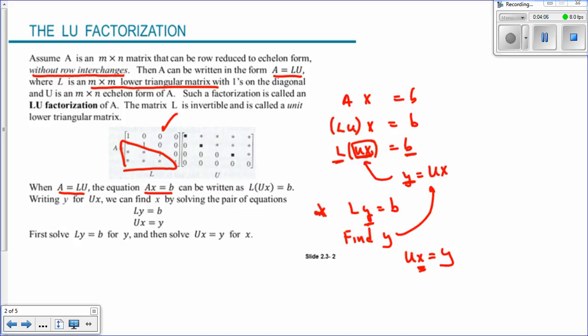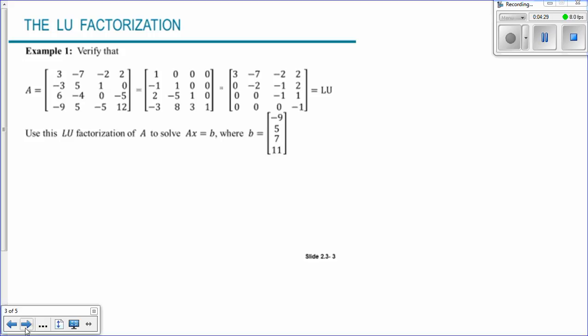Find the LU factorization, then let y be Ux, solve Ly = b for y, and then come back and figure out what the x is, just using the matrix U. And again, U is an upper triangular matrix, so the only non-zero entries are up here, and all those zeros are going to make that one an easy one to solve as well.